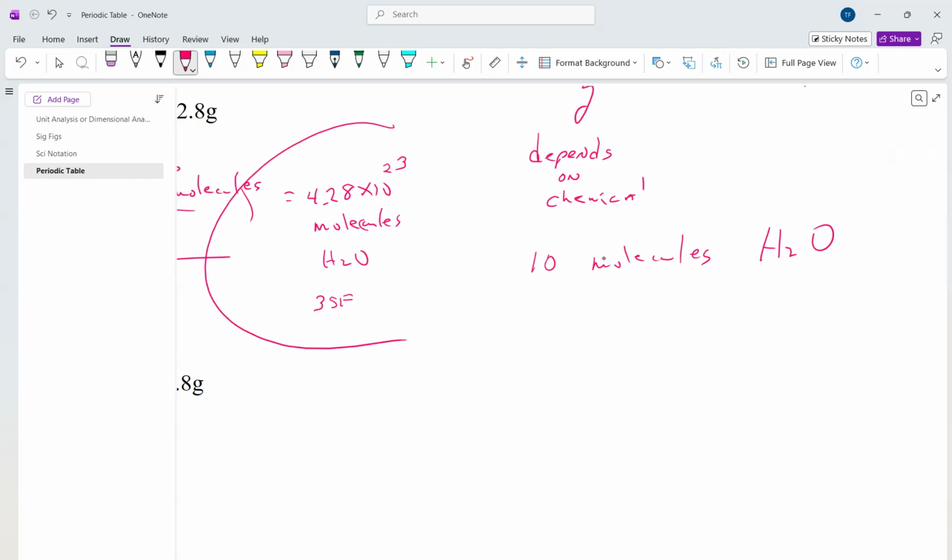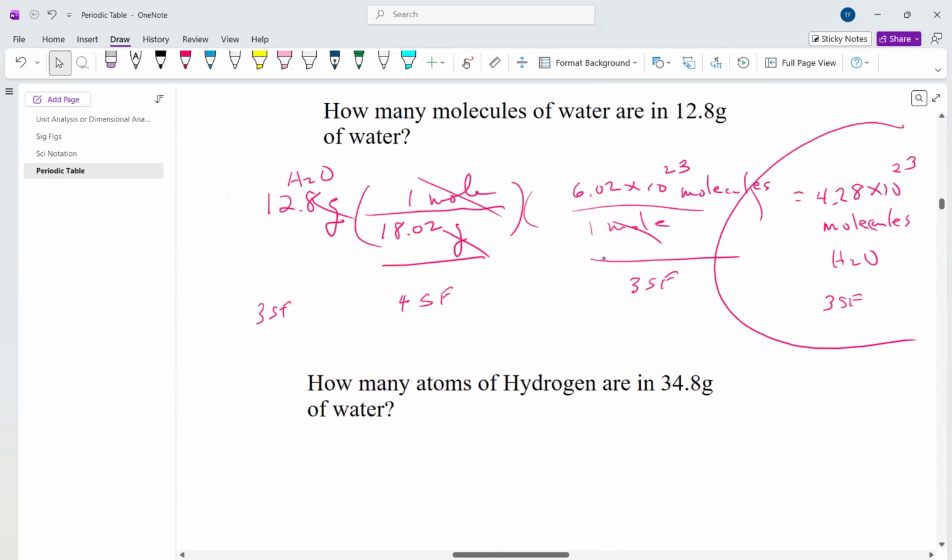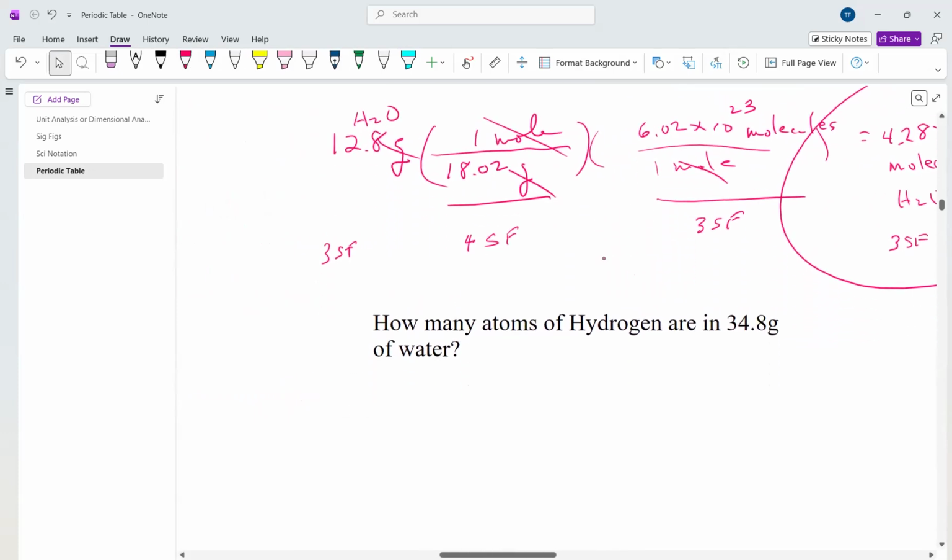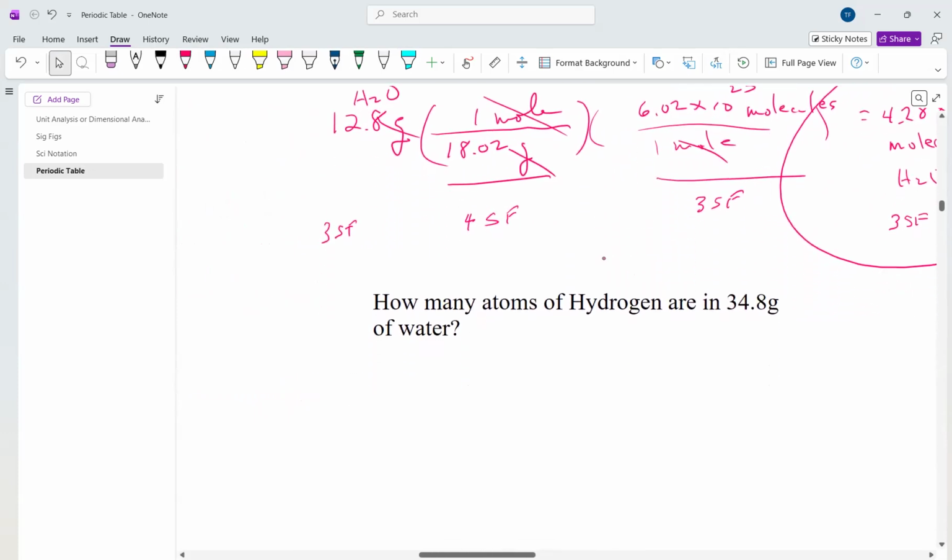Okay, so to find the number of molecules, we're starting with grams again. And this is water. So if in doubt, convert to moles.